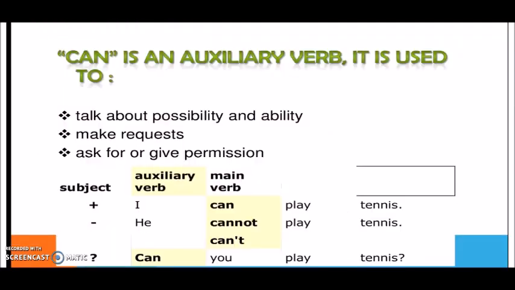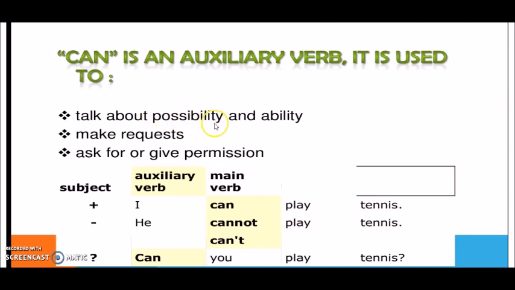Okay, the first modal verb that you're going to see today is the verb can. This is can. And it is an auxiliary verb that is used for three main purposes. The first one is to talk about possibility and ability.